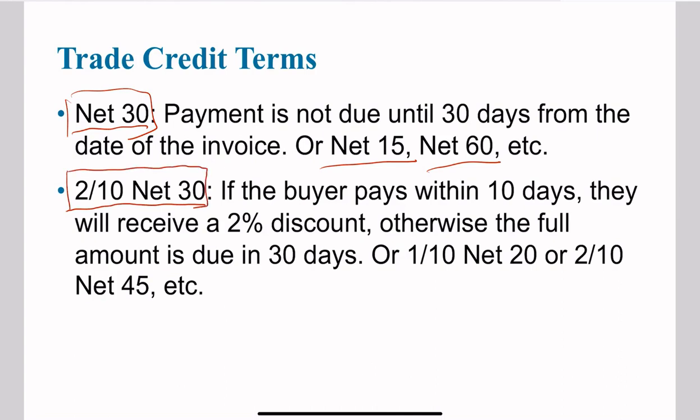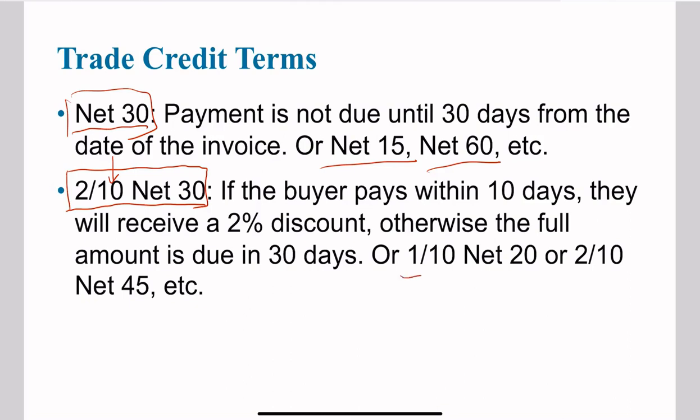And let's look at this one here. 2/10 net 30. Well, this says if the firm's customer pays within 10 days, then they will receive a 2% discount. Otherwise, after 10 days, they will have to pay the full amount, and the full amount will be due in 30 days.